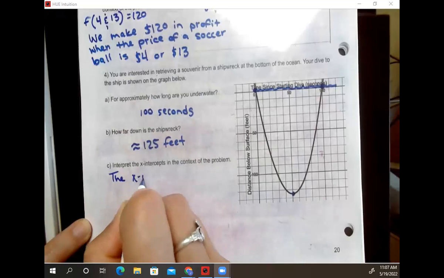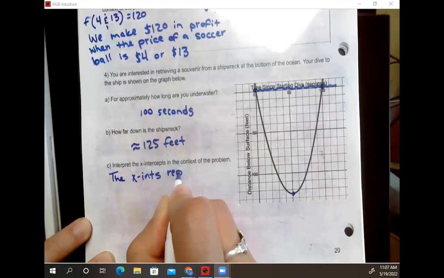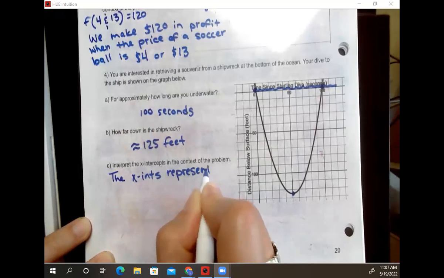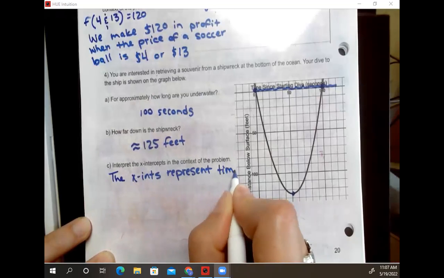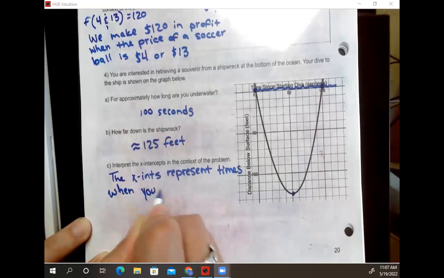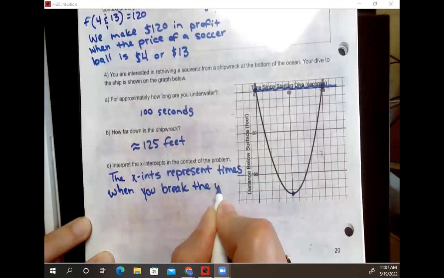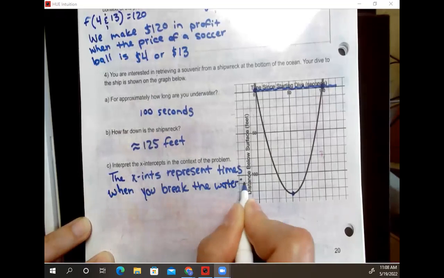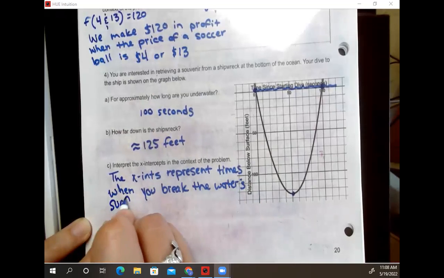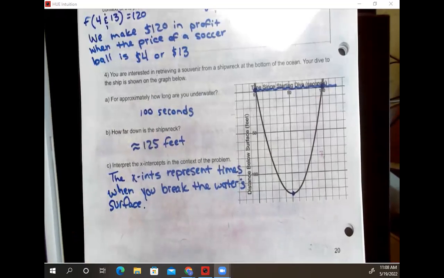The x-intercepts represent times when you break the water's surface, either to dive or to resurface. Those x-intercepts are times when I'm breaking a water surface.